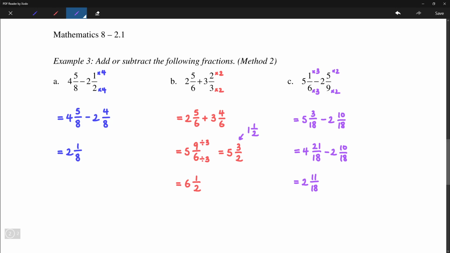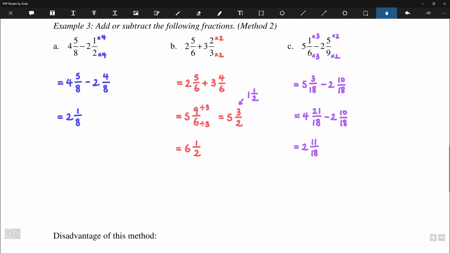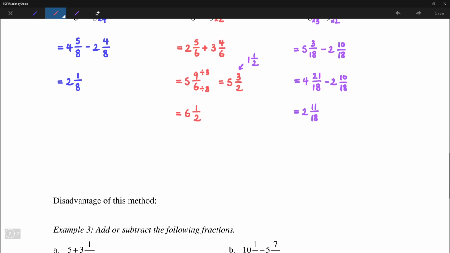So we can see some of the disadvantages when it comes to subtracting or adding just mixed numbers without changing them to improper fractions first. So in example B, we had a sort of improper mixed number that needs to be addressed.